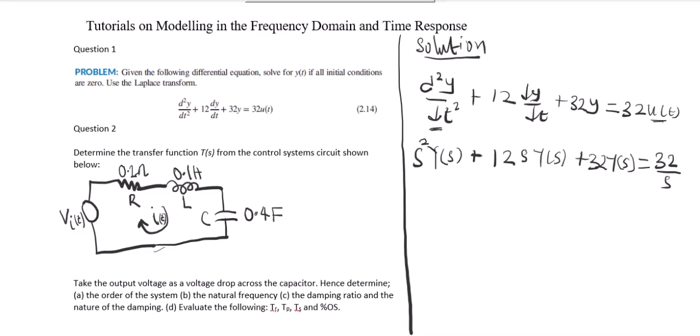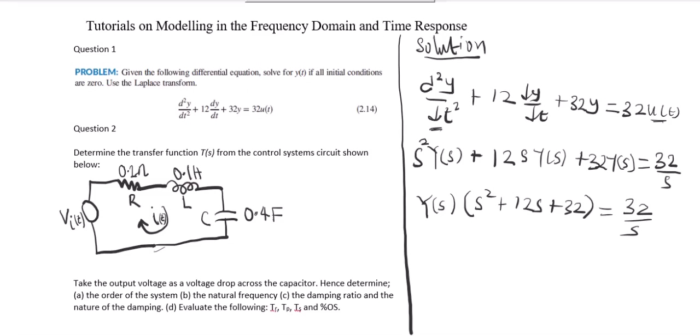If we factorize the output response Y of s, we have s squared plus 12s plus 32 equal to 32 over s.